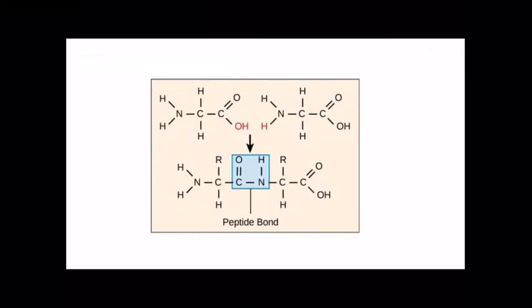So we're going to take that water molecule out, and then what happens is the carbon of the carboxyl group on the left bonds with the nitrogen of the amino group on the right. So now we have a covalent bond between that carbon and that nitrogen.